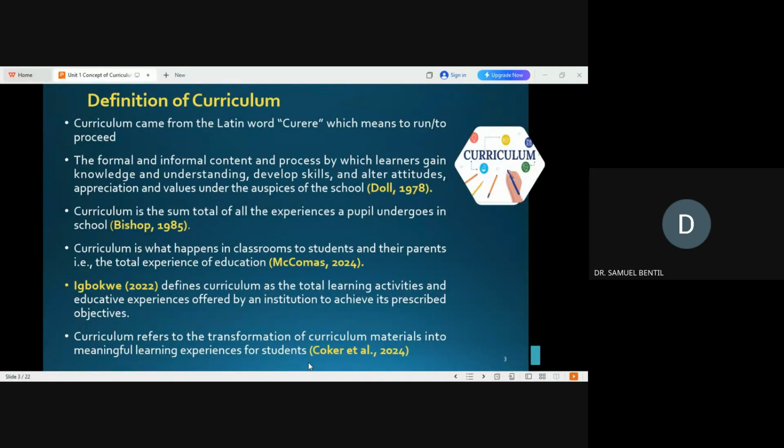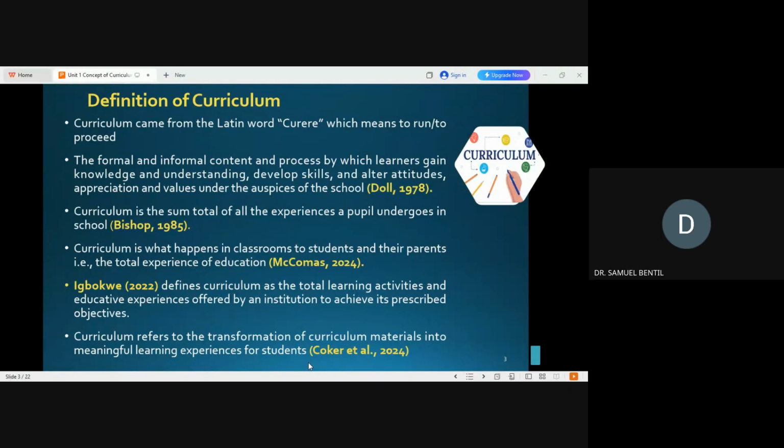And we have what we call informal. The informal are the ones that are not directly documented or sanctioned as the official part of the curriculum that must be run, but it goes on in the school. For example, the sporting activities you do are not part of the curriculum that we develop for you to go and do in the school, but they are part of the school's activity or calendar of activity.